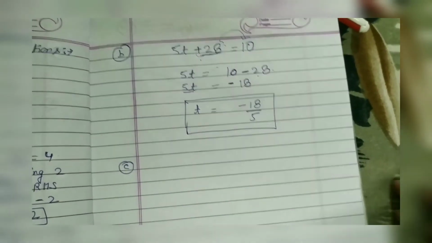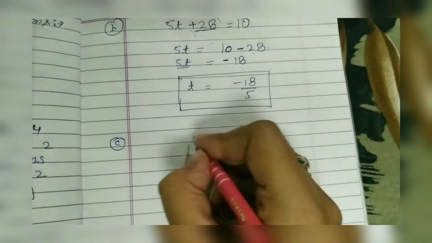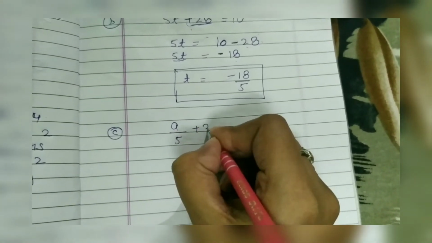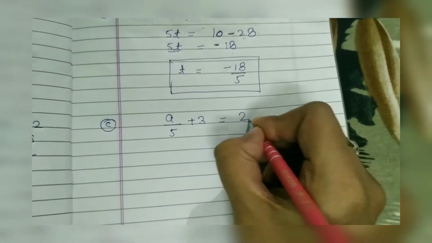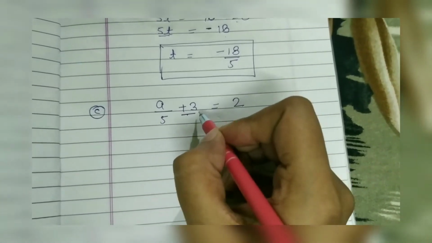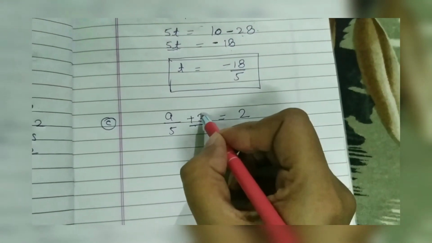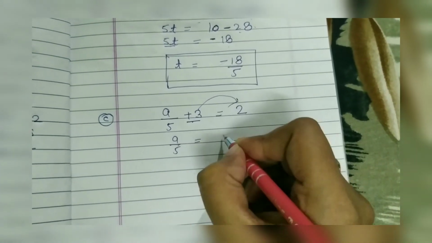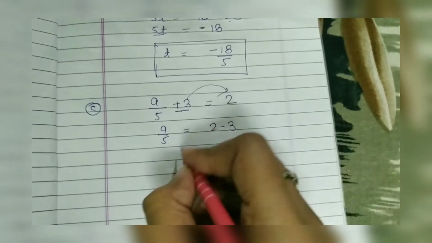We solve another part of this question. A upon 5 plus 3 is equal to 2. Here also it is plus, so we transpose this to the RHS side. A upon 5 is equal to 2 minus 3.